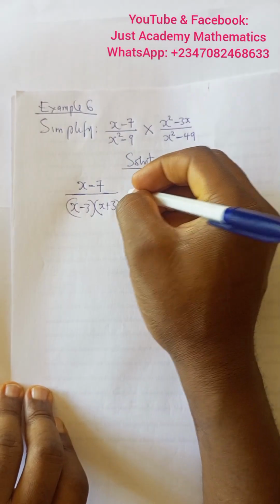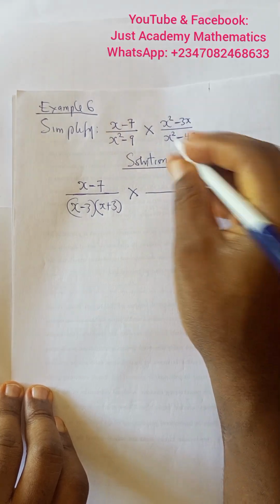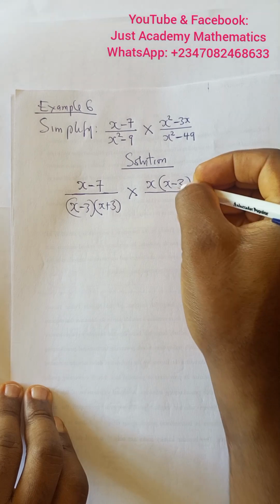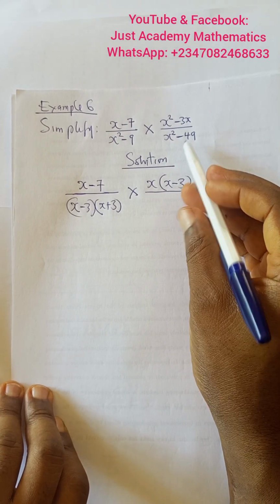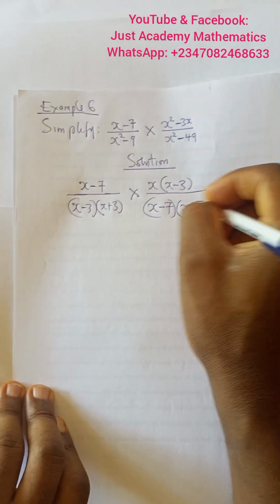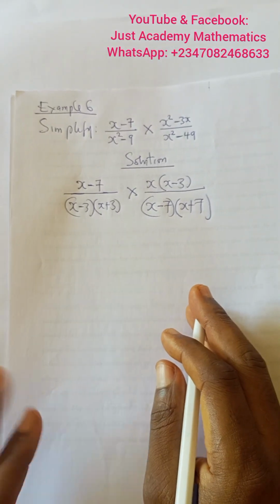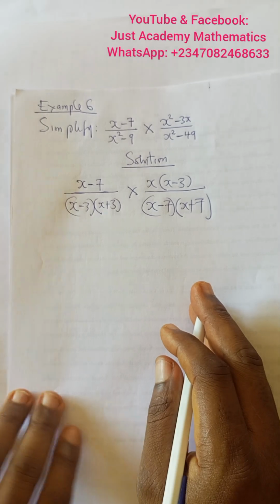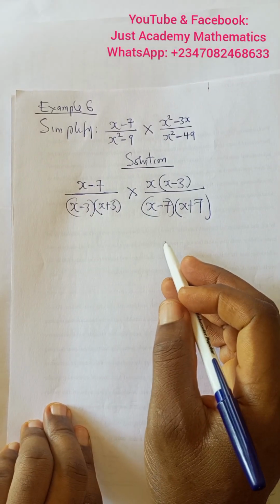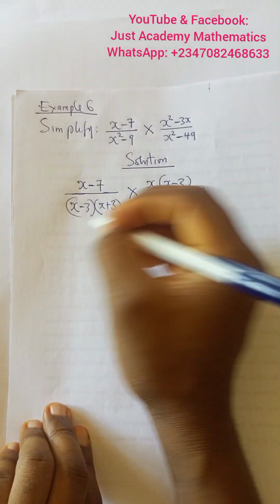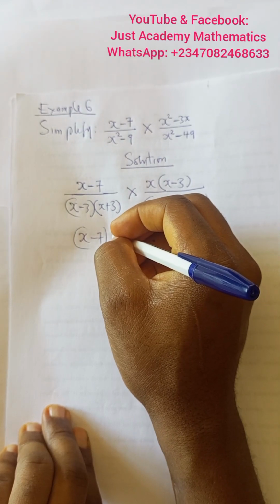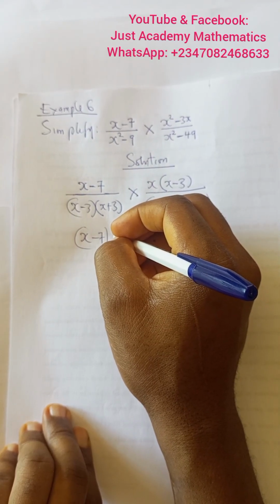That is the denominator there, times the numerator here. s is outside. What will remain? It will remain s minus 3. For the denominator here is difference of two squares, s minus 7 times s plus 7. These are things we have done. I'm showing you the simplification now. Since it's multiplication, we can cancel out straight, or we can just show that this is s minus 7 times s.